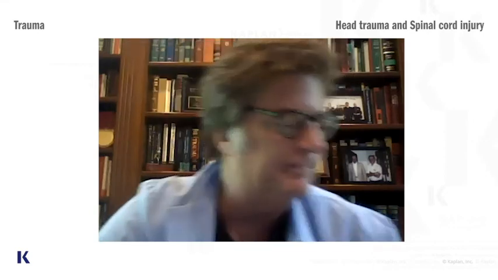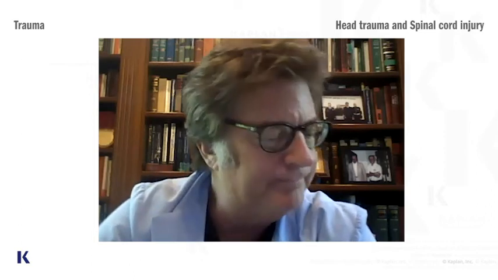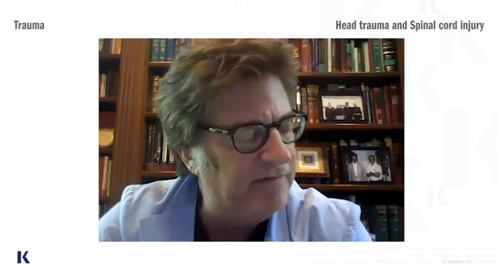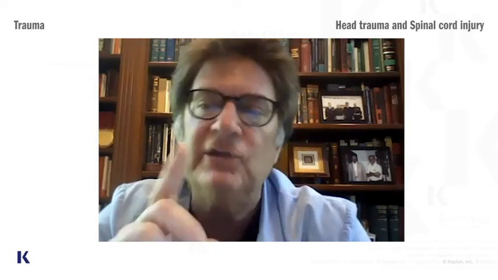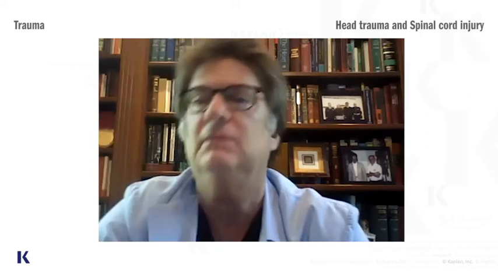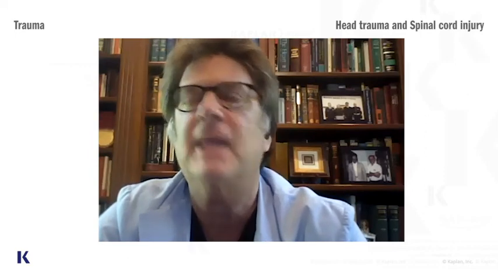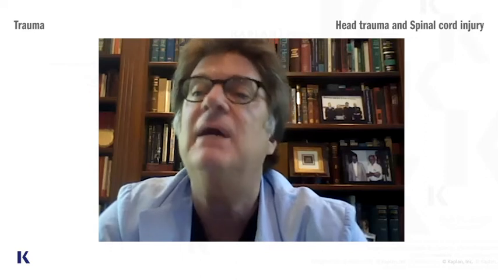All right. Let's say someone gets stabbed in their spine, and they have paralysis and loss of proprioception on the same side of the injury, and they have a contralateral loss of pain and temperature.